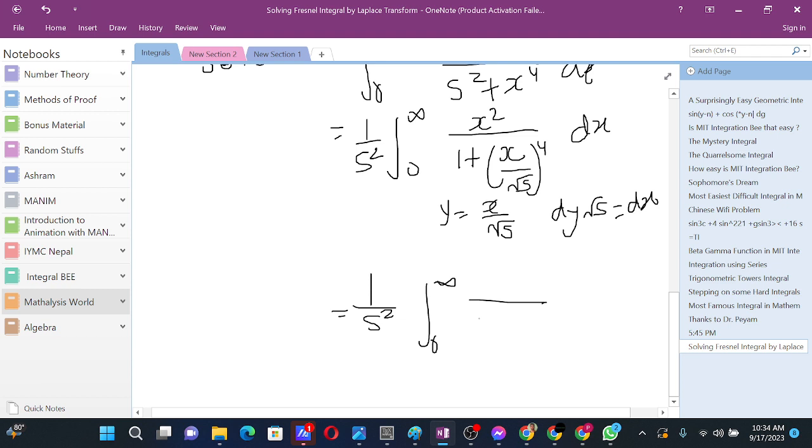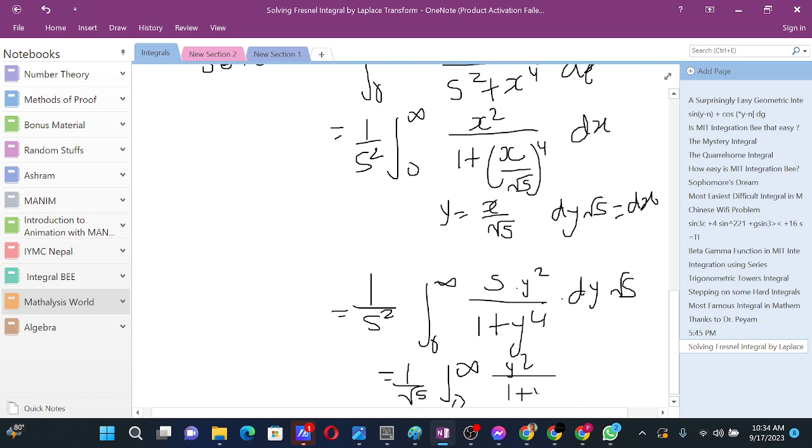We have 1 plus y to the power 4 over here, and then x is just root s y, so x square is s times y square. Over here dx is root s dy, so that gives us 1 by root s times the integral from 0 to infinity of y square by 1 plus y to the power 4.